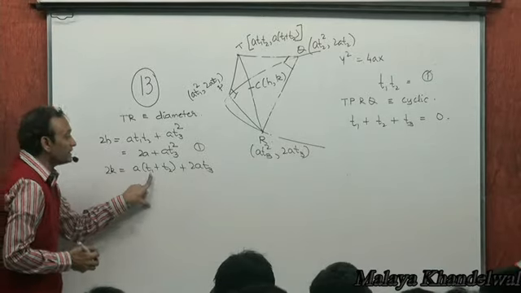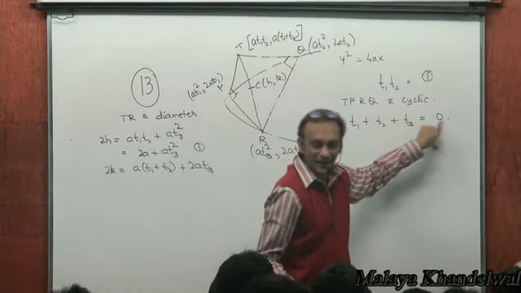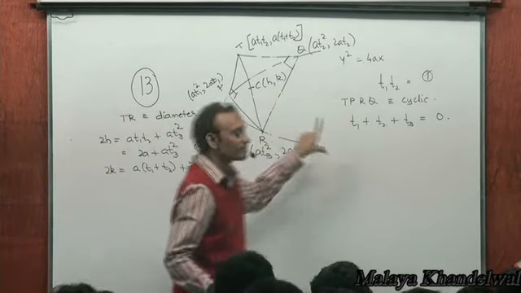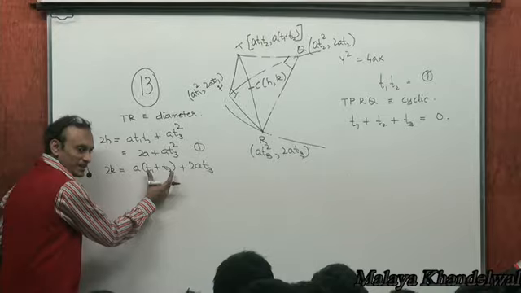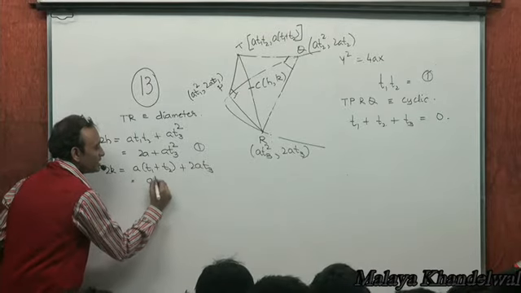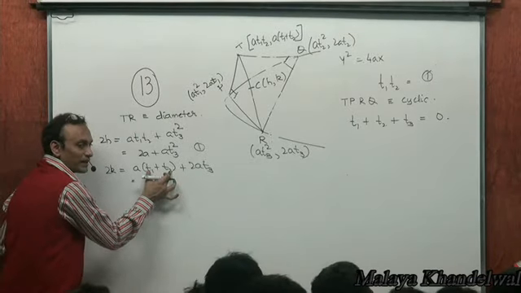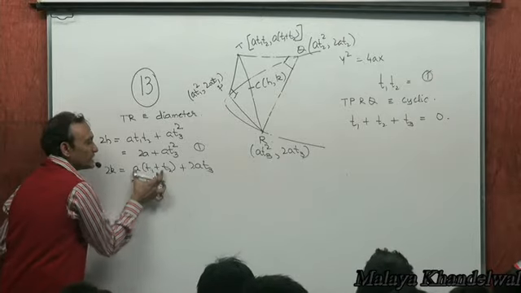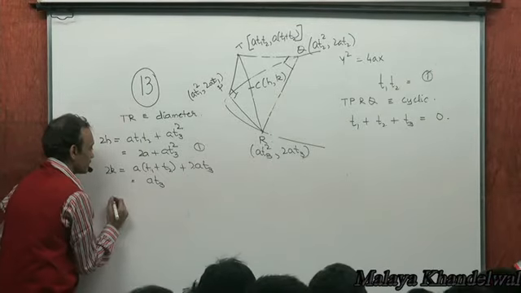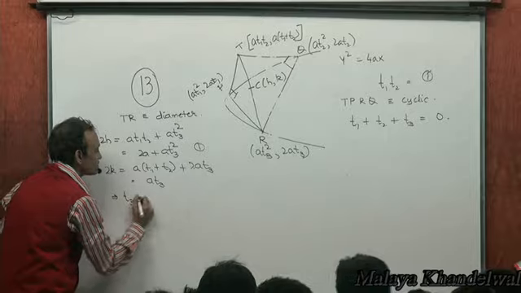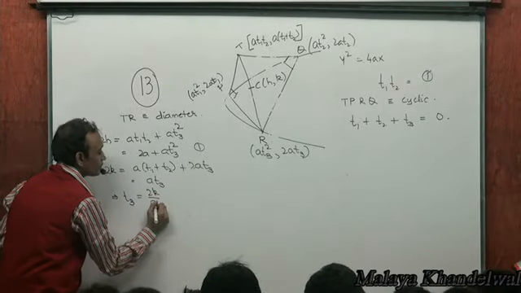However, t1 plus t2 is minus t3. So this becomes 2a t3 minus a t3, which is a t3. So t3 therefore becomes 2k by a.